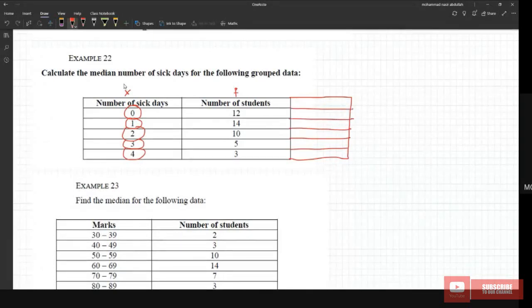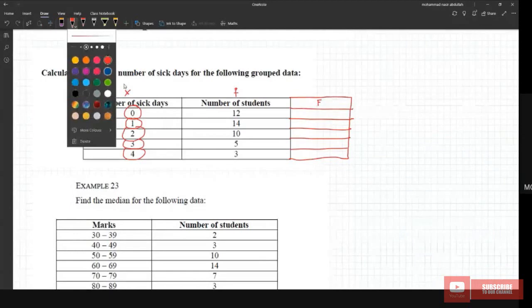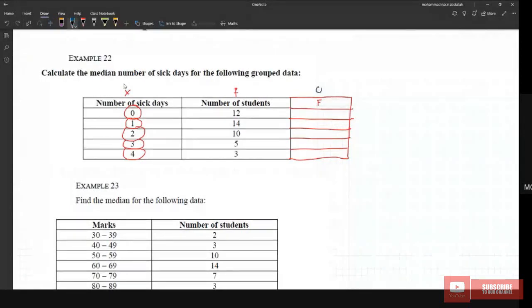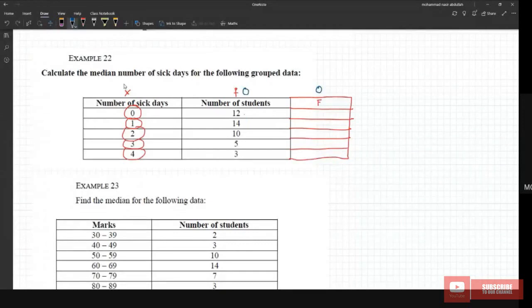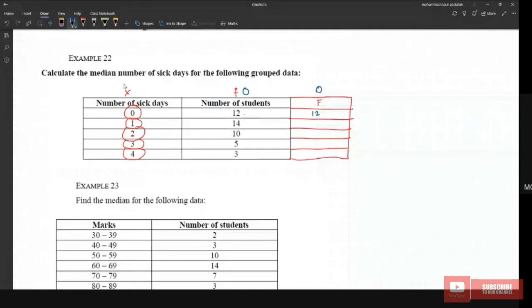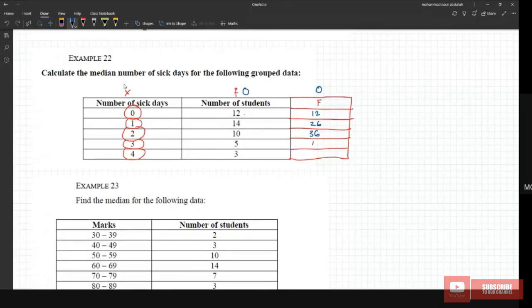The symbol is capital F. Start from before the first class: 0 plus 12 equal to 12. 12 plus 14 equal to 26. 26 plus 10 is equal to 36. This plus 5 equal to 41. 41 plus 3 equal to 44.